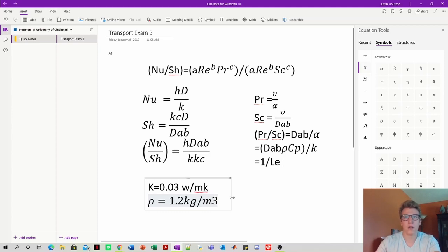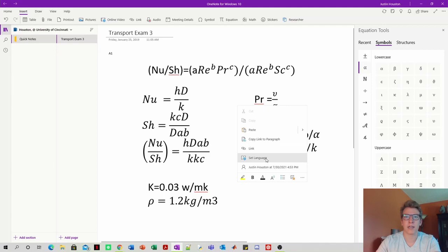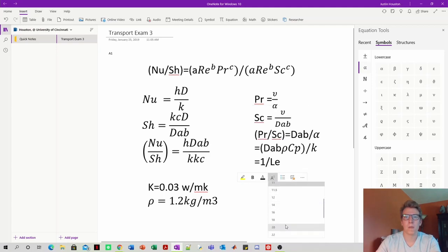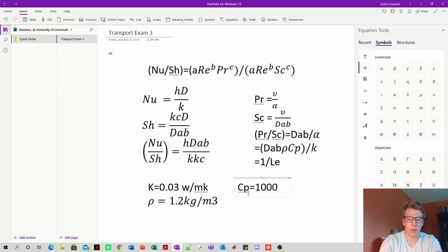From there, let's make a new text box. We also have the heat capacity, which is equal to 1,000 joules per kilogram Kelvin.